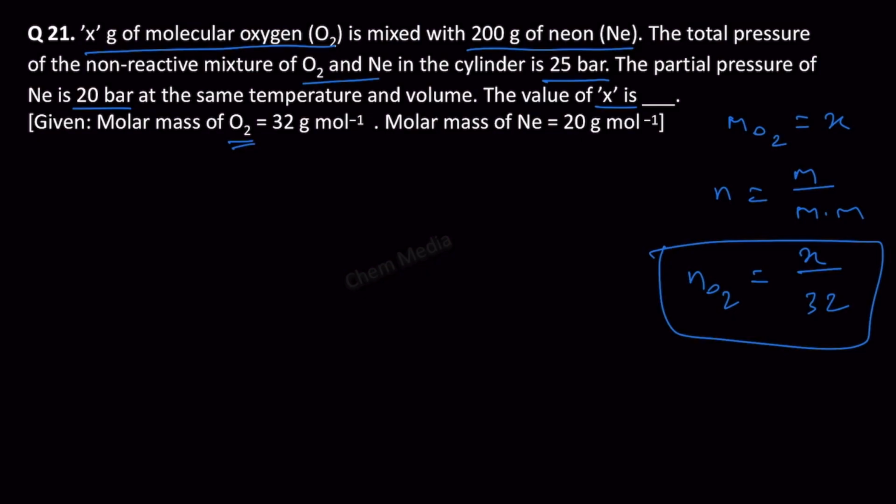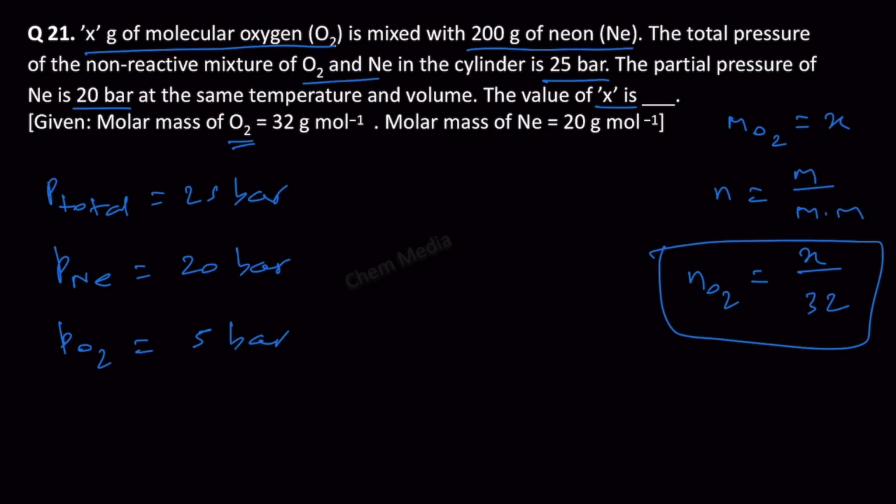Now, total pressure here is given as 25 bar and the partial pressure of neon is given as 20 bar. In that case, what would be the partial pressure of O2? 25 minus 20. So therefore, 5 bar. Because in the cylinder, the total pressure is 25 bar.